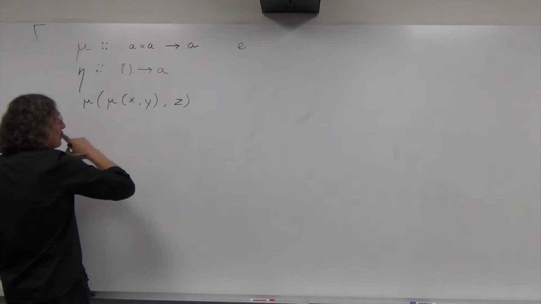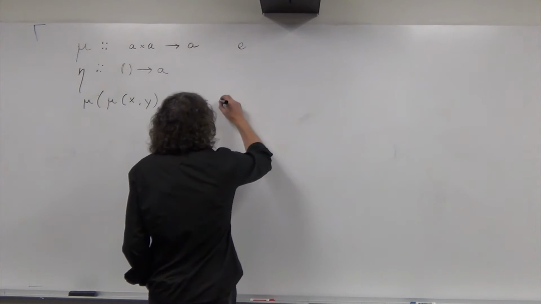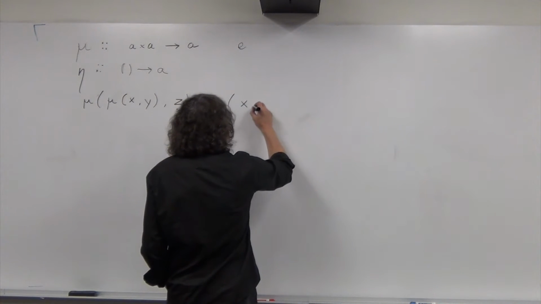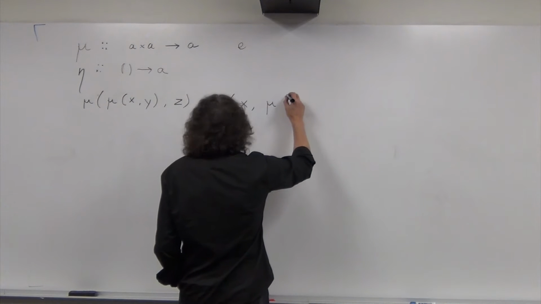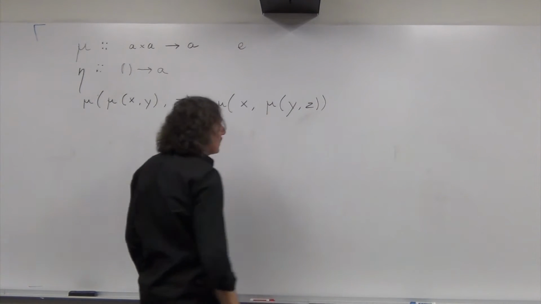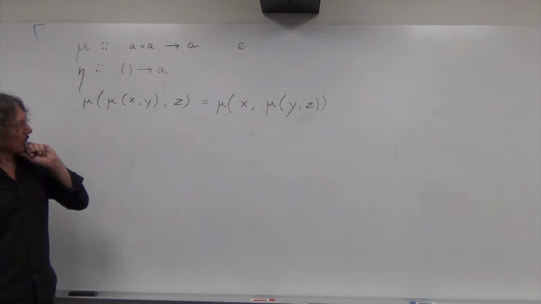We would like this to be equal to mu acting on the pair x and the multiplication of y and z.